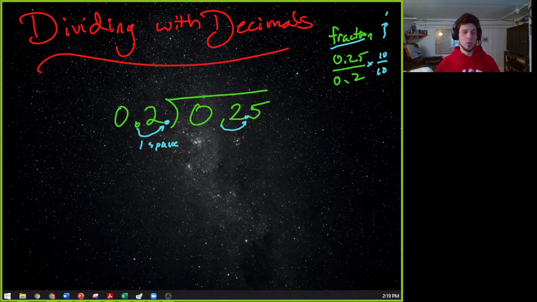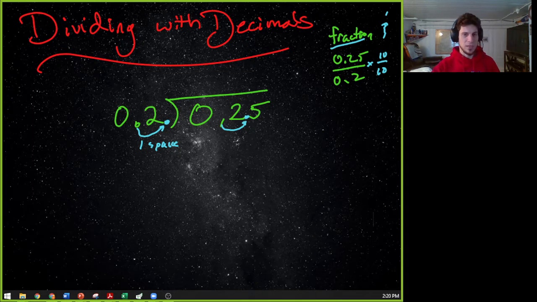For instance, 1 times 10 is 10. 1 times 25 is 25. Well, 0.25 over 0.2 times 1 is still 0.25 divided by 0.2. But what this is doing is moving that decimal point over one space so that I am no longer dividing by a number that has a decimal. And we know how to do that.